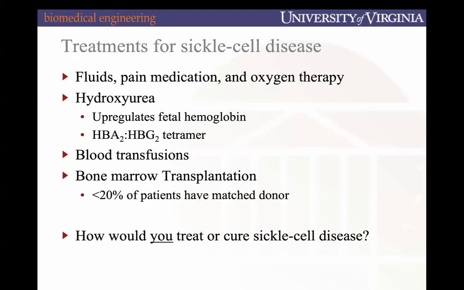Considering that this is a monogenic disease, there's another option that's now available for treating sickle cell disease. Can anyone think of pie in the sky? What's an idea for treating sickle cell disease, given that it's a monogenic disease? Yes, genetic editing, exactly right.